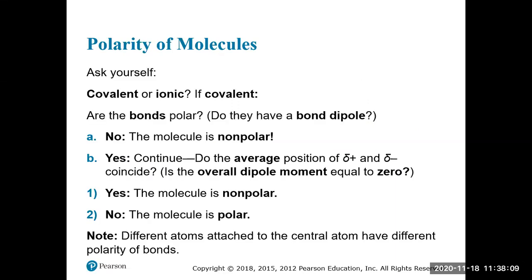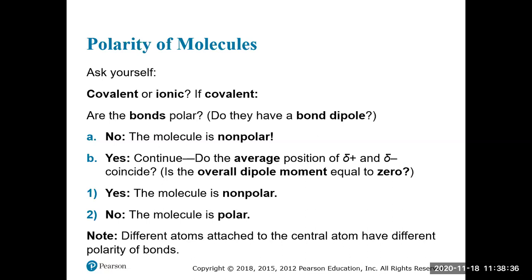Okay. So we've talked about polarity of bonds and things like that, but really what we're after is polarity of molecules. And how do we determine that? Well, we had talked about, first of all, is it a covalent bond or an ionic bond?